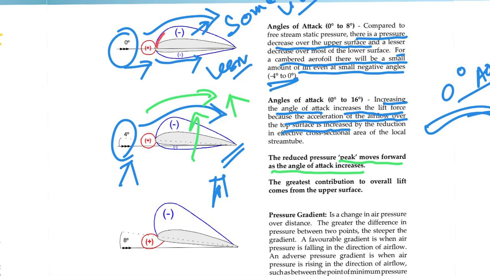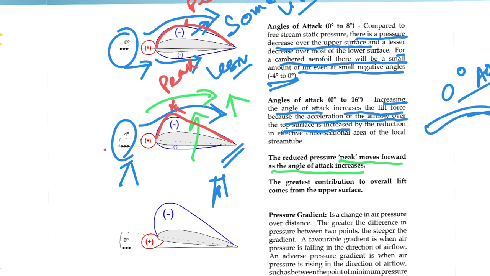If this is the pressure curve, okay, this pressure curve is like this. As your angle of attack is increasing, now the pressure curve is more stiff, like this and like this, right? So this peak is moving. Earlier this peak was here. Now the peak has been moved forward, little bit forward.